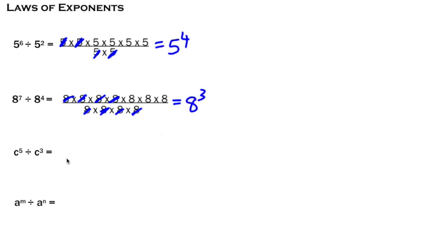So by the time that we get to other values here, we can see, for example, that c to the 5th divided by c to the 3rd is going to be c to the 2nd, and that brings us to our next law, which is whenever you are dividing similar bases with different exponents, what you end up doing is subtracting the second exponent from the first. Now remember, this is only working if the bases are similar. If they're not, there are some other things you can do to help.